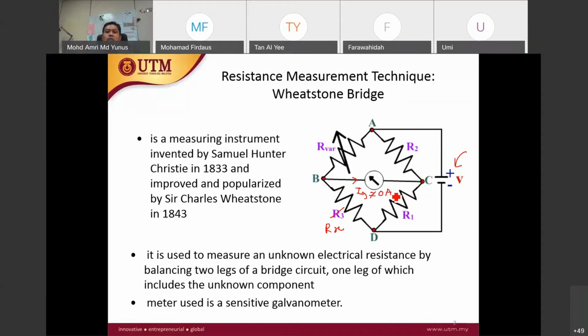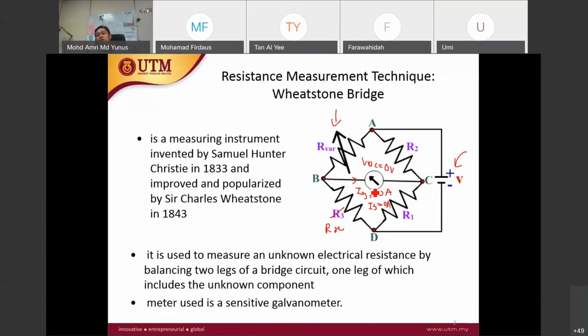Then we adjust the resistance between A and B until we get the condition where Ig is equal to 0 ampere, or the voltage potential VBC is equal to 0 volt.